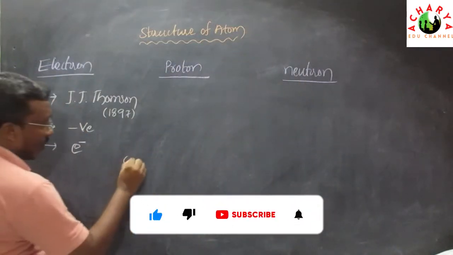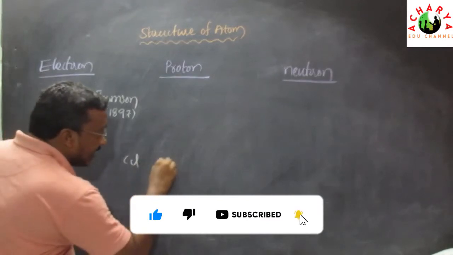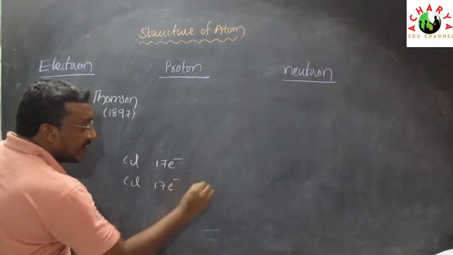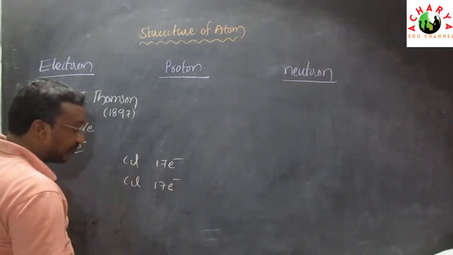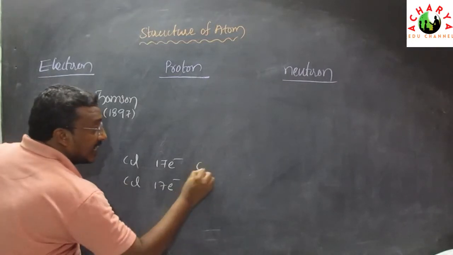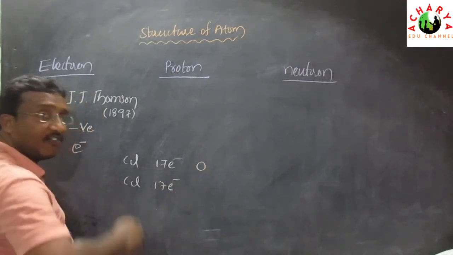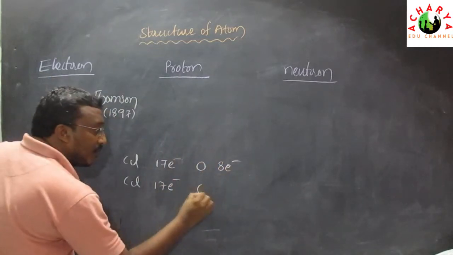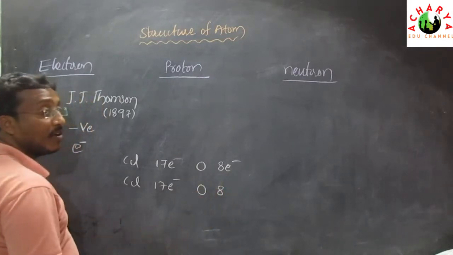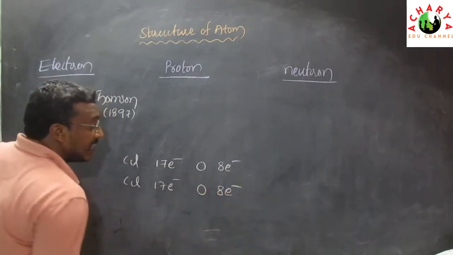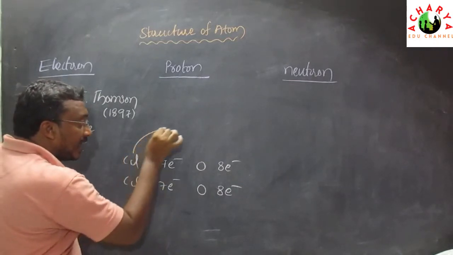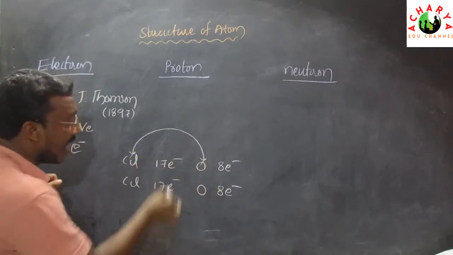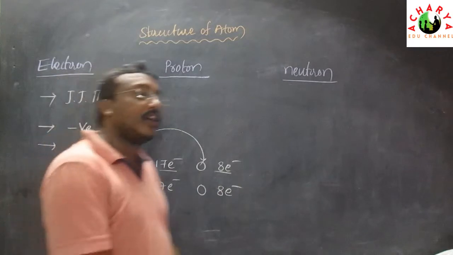For example, chlorine contains 17 electrons, and one more chlorine atom also contains 17 electrons. An oxygen atom contains 8 electrons, and one more oxygen atom also contains 8 electrons. But if we compare chlorine and oxygen, these are different atoms and they have different numbers of electrons.